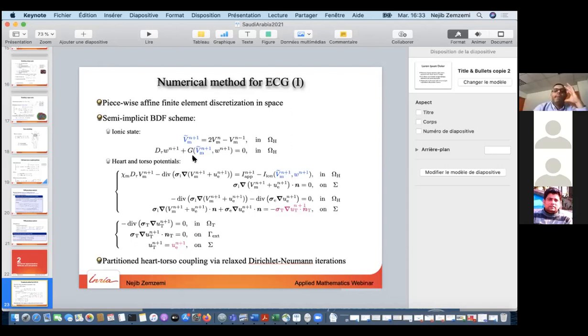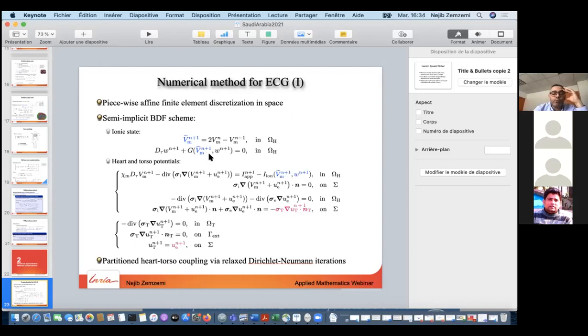Why? Because the reaction part is nonlinear and very stiff, and for computational reasons, we need to make these nonlinear terms explicit. That's why, for instance, here, this is the equation for the gate variables, and we need to treat this part explicitly at time n+1.